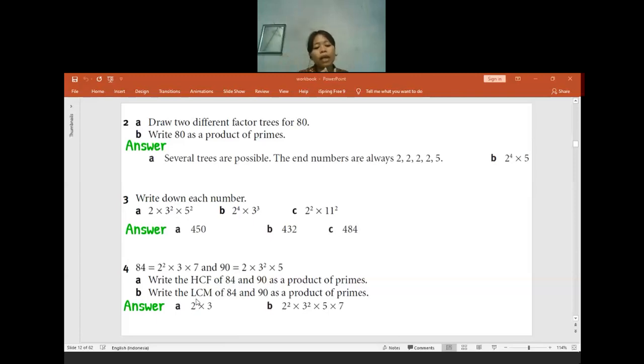The leftover numbers, 5 and 7, are different, so I will just write them both. I don't have to compare them, because 5 and 7 only came once. So the product of primes of the LCM will be 2 to the power of 2 times 3 to the power of 2 times 5 times 7.